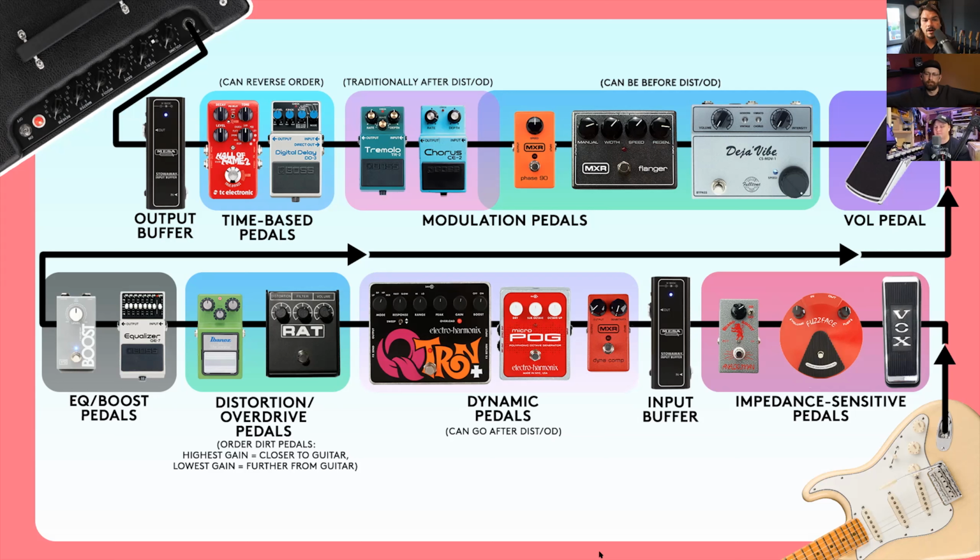If your Mesa Boogie Stowaway, the one pictured in this diagram, just has an input and output, you could use a Y cable off the output and send one side of it to the input of the tuner and the other side of it to the first pedal in line. That would be doing exactly the same thing as what's happening inside of any sort of interface box that has a tuner output. So just food for thought on that. Yeah, that's awesome. Love it.